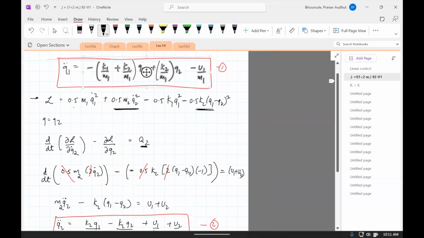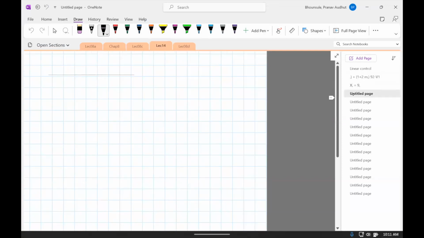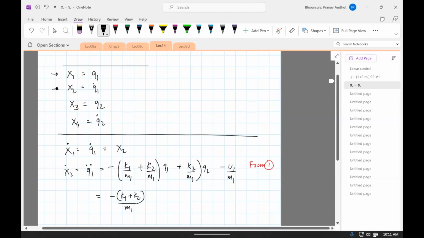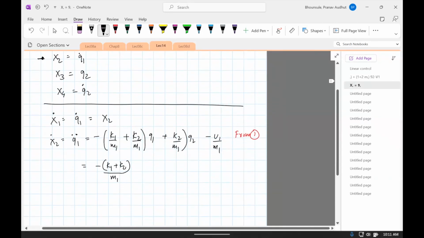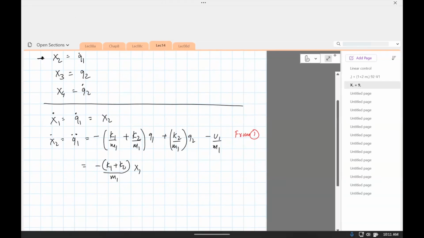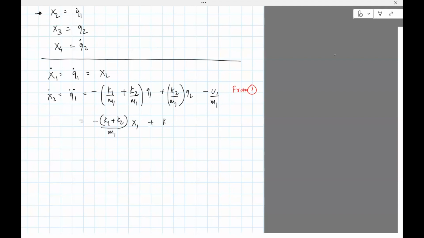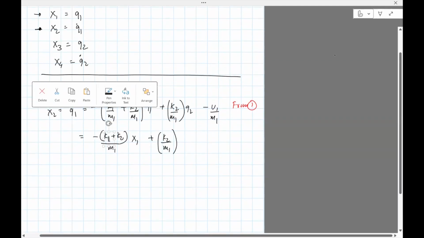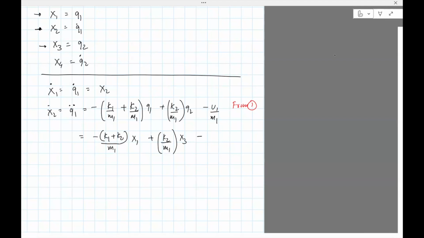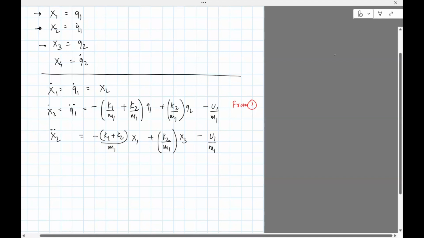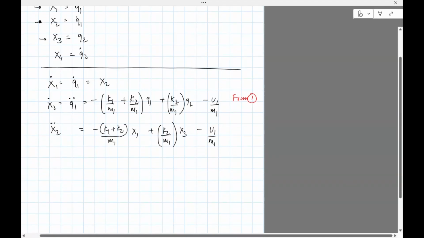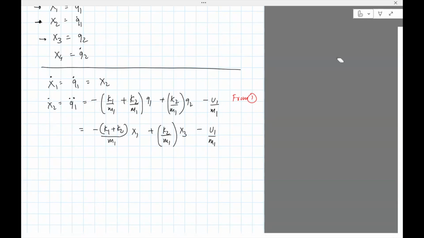Did I write this correctly? I forgot the bracket. Okay, there's a bracket here which did not copy. x1 plus k2 divided by m1, q2 is x3, minus u1 divided by m1. So this is x2 dot, my bad, it's x2 dot.